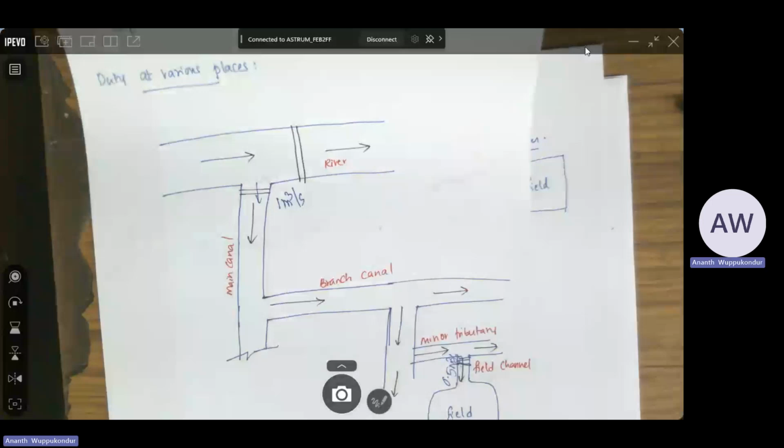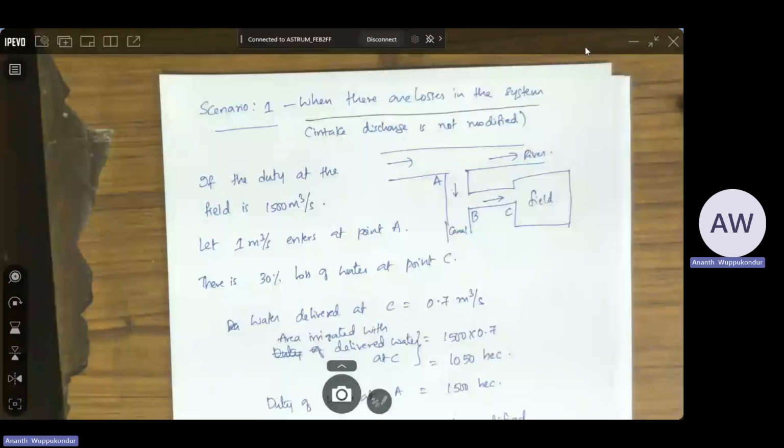Louder. Seepage, friction, so the water may be delayed. And what happens because of the sun? Evaporation. So there are several losses that contribute to the loss.